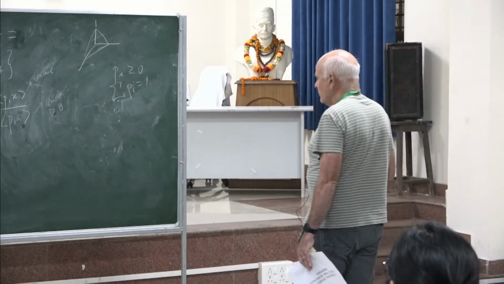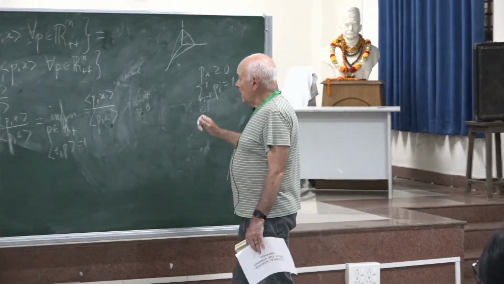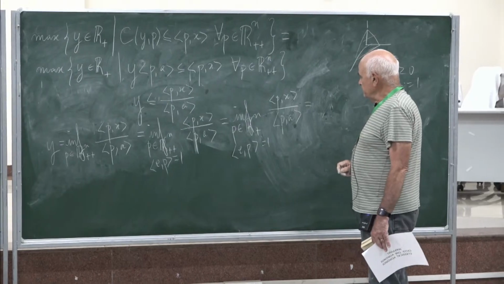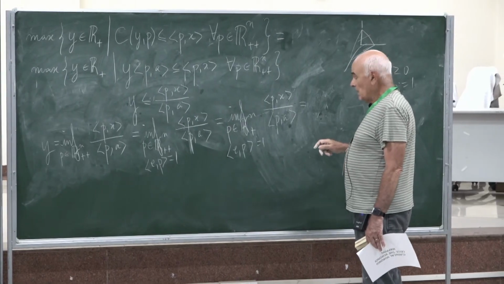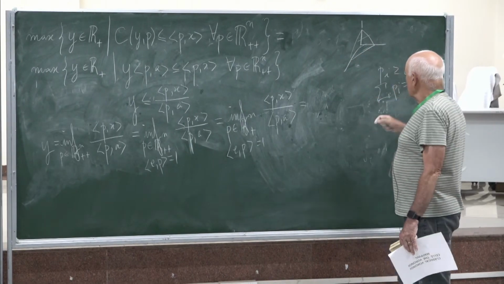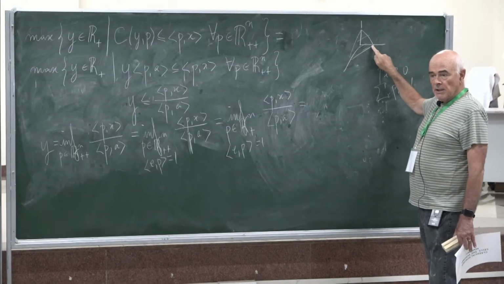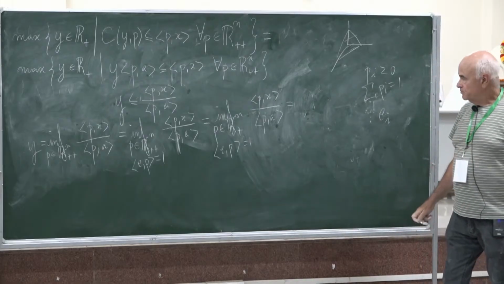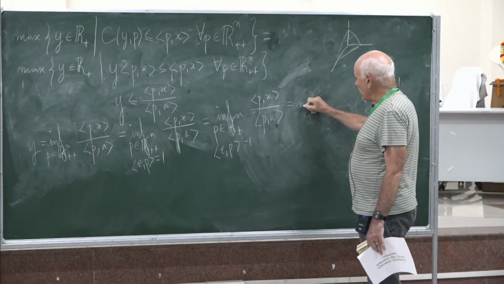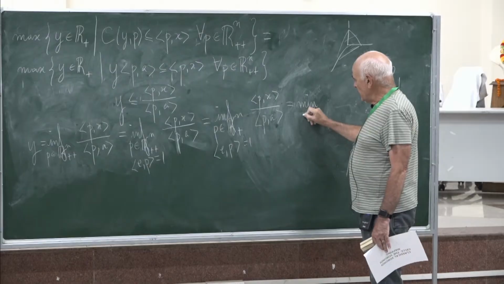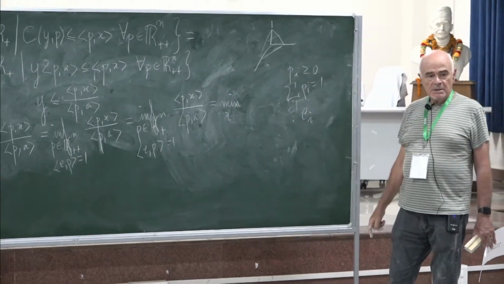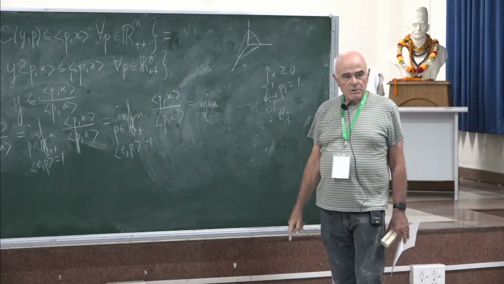It's quasi-concave. Then I only have to look at the vertices. And there are, in general, n vertices. The vertices are the unit vectors. So I only have to consider the values that this function takes at the unit vectors.